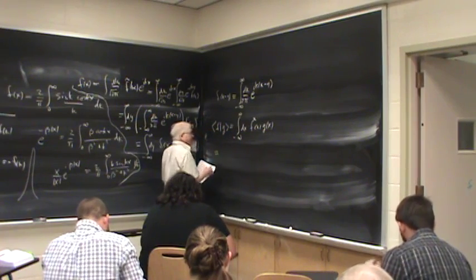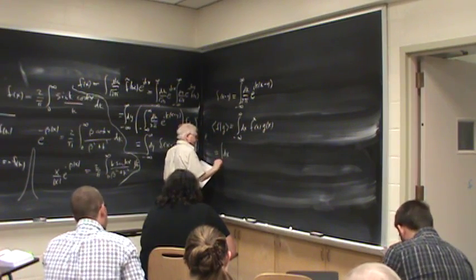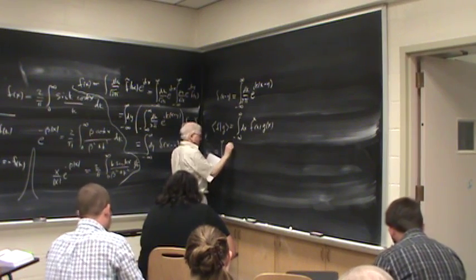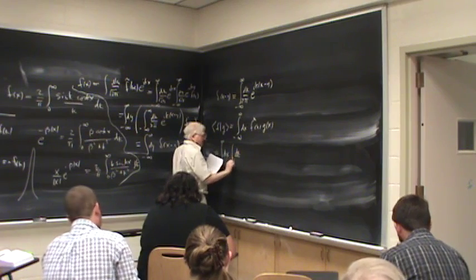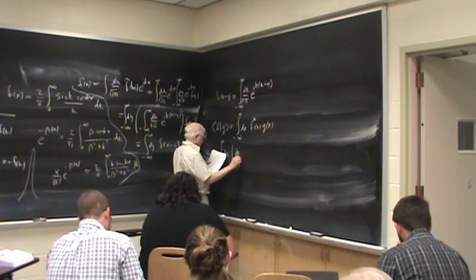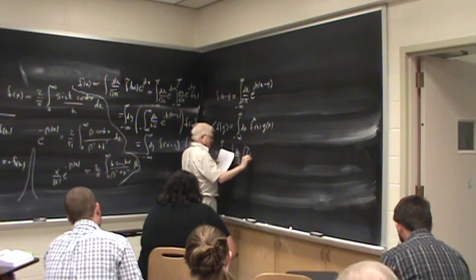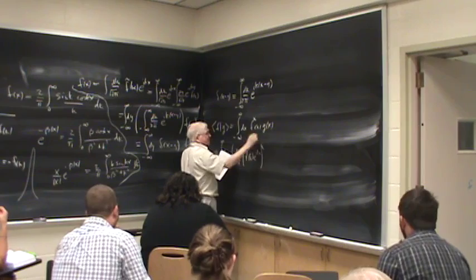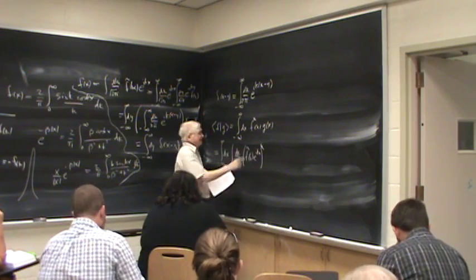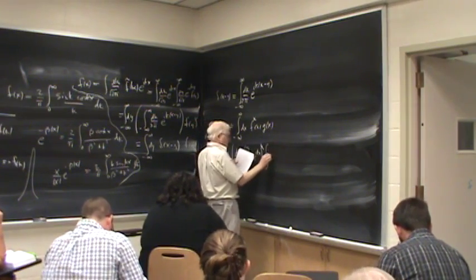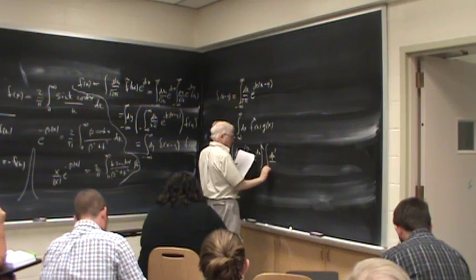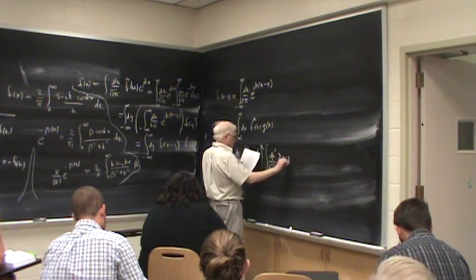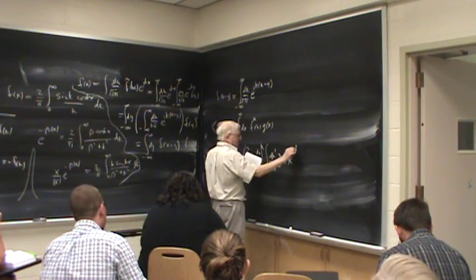So we have dx, f of x star, that's going to be the integral dk over root 2 pi, f tilde of k e to the i kx, complex conjugated because of that star, and then g of x is going to be an integral, let us say dk prime over root 2 pi, g tilde of k prime e to the i k prime x.